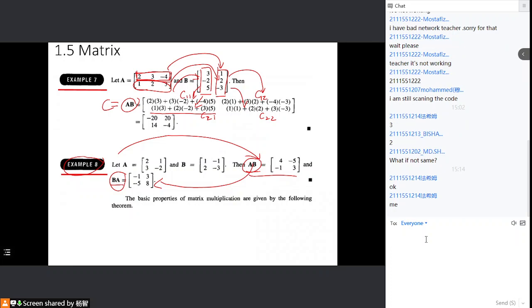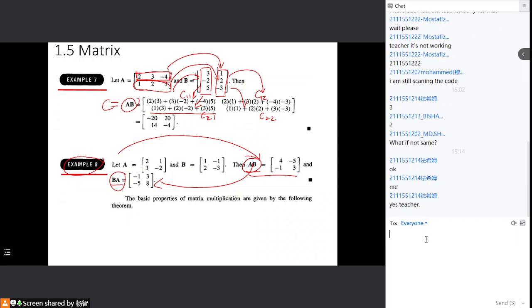Because I cannot spell your name. You are Fasimo. I hope everyone enters their Chinese name in the meeting and the WeChat group.